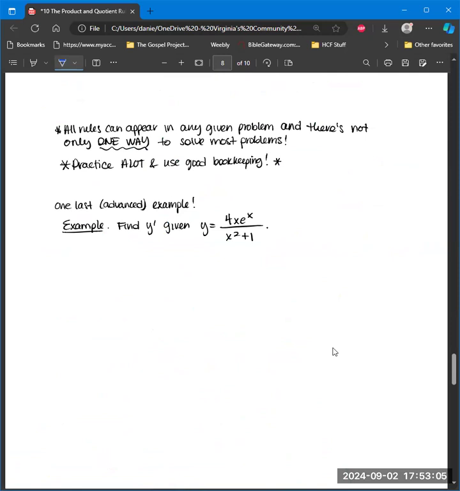So let's look at a more advanced example here where my u is equal to 4x e to the x, and my v is equal to x squared plus 1, and I have u over v here. So u prime is going to be, there's actually going to be a first part and a second part here that I have the product rule.